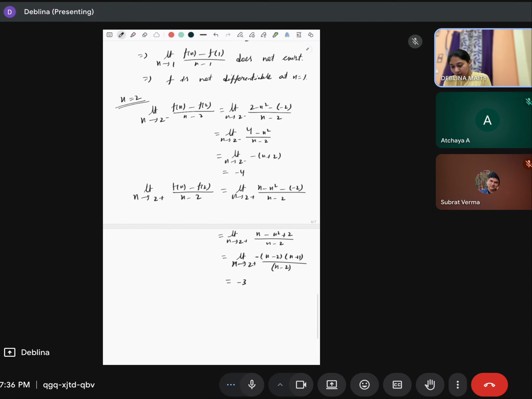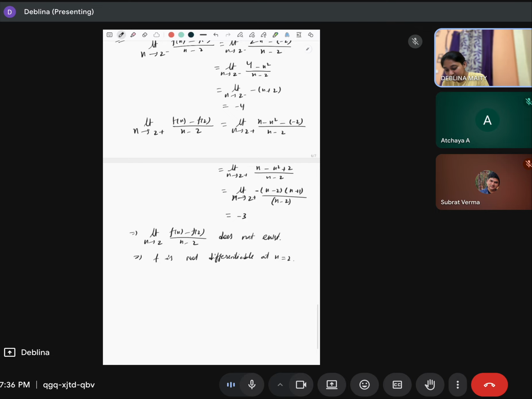Okay, so again here the left hand limit and the right hand limit do not match, so this implies the limit as x goes to 2 of (f(x) minus f(2)) by (x minus 2) does not exist. So f is not differentiable at x equals 2.